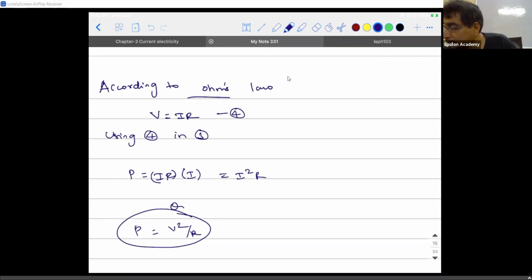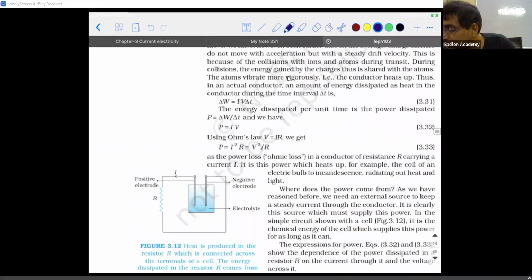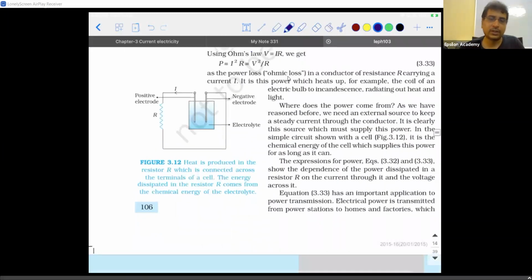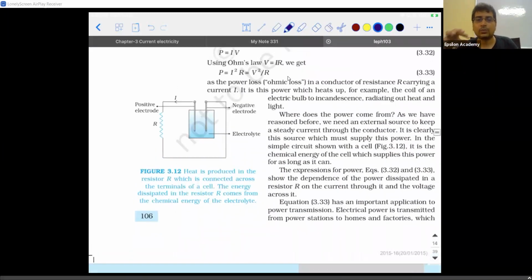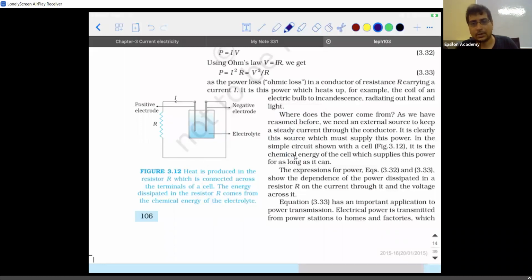I hope you have completed writing it. Okay. So what they have done in your textbook is they have explained the detailed analysis of what exactly happens. You will be able to understand this better when you have knowledge about the cell, which is going to be the next topic. We are going to discuss an important term called EMF, the electromotive force.